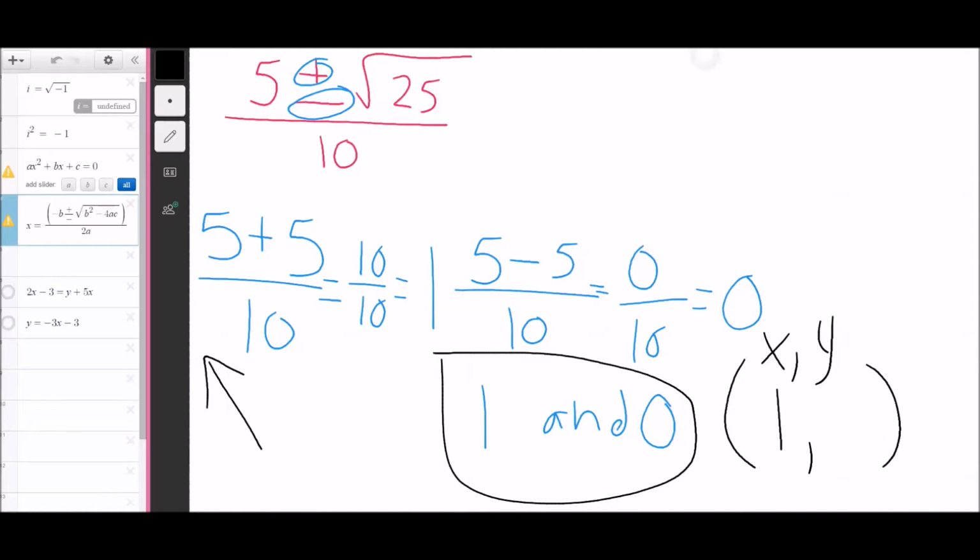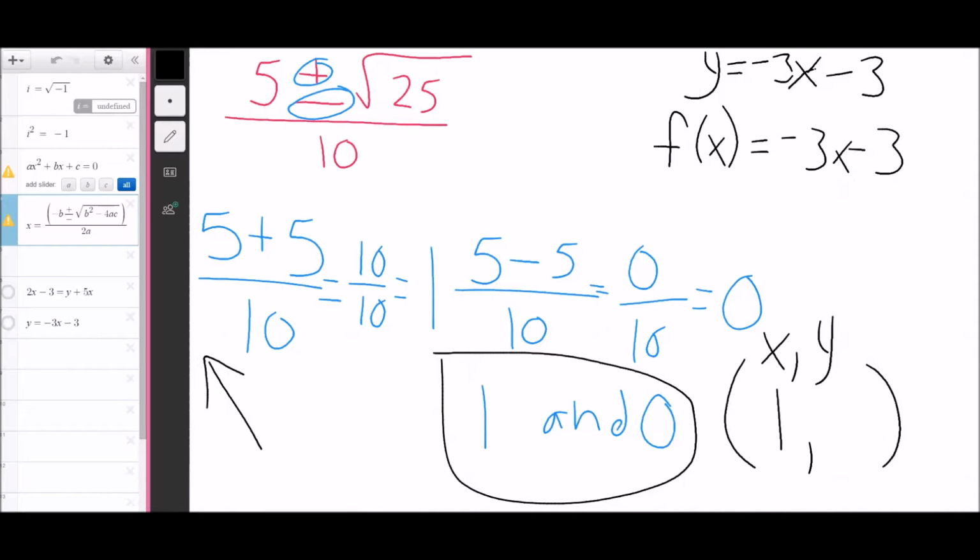So our y equation is y equals negative 3x minus 3. Another way to write y is f of x. Then we'll just plug in the rest. Negative 3x minus 3.